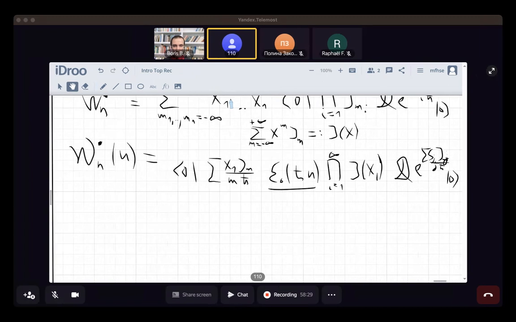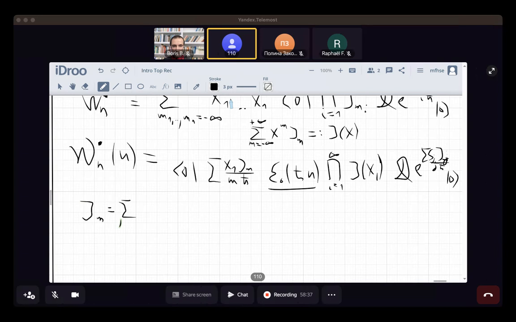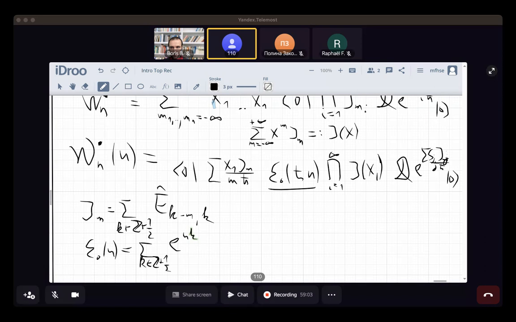So E_0, if you remember, we had J_m was the sum over k half-integer of E_{k-m,k}, while E_0(u) is the sum over half-integer k of exp(uk) E_{kk}.